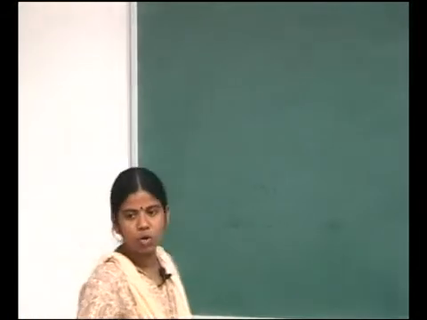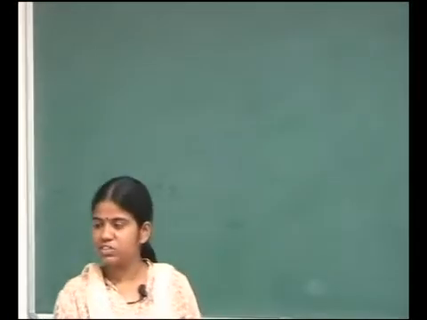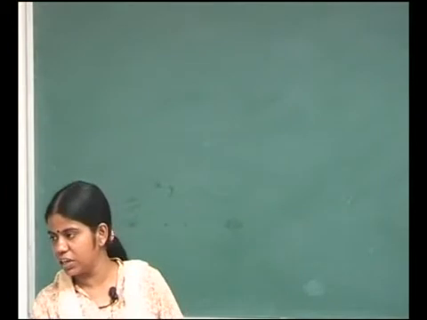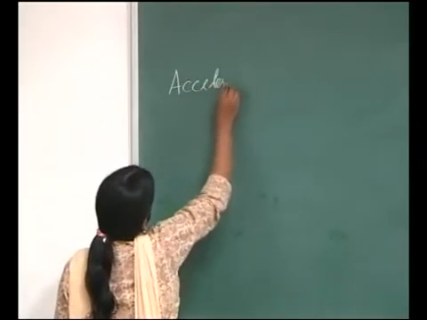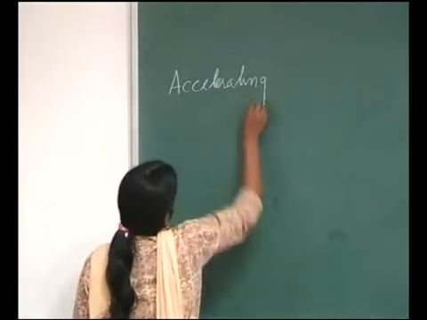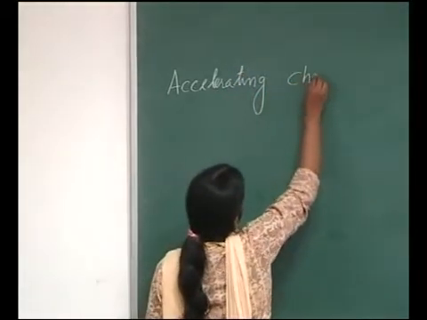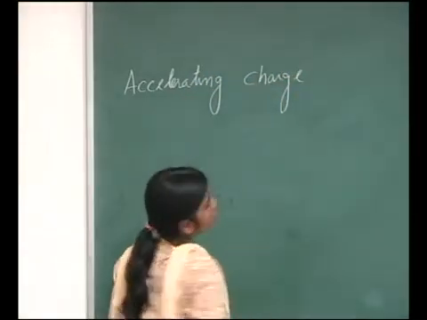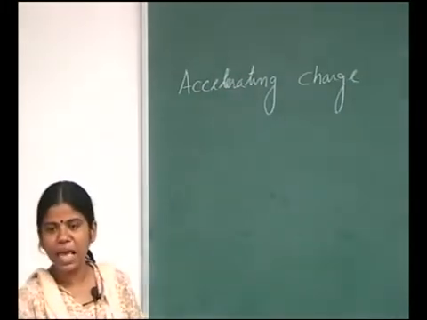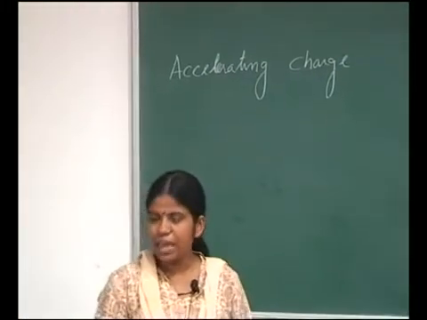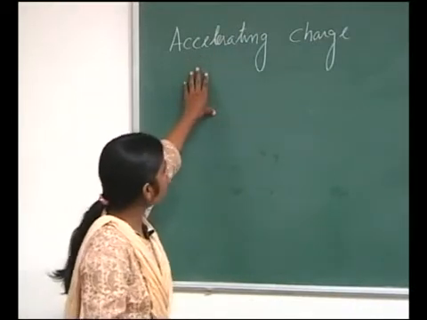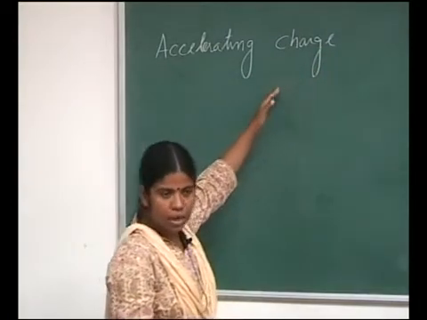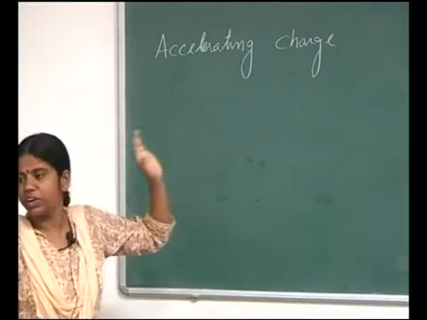So, all this we know, but now the question is, how do we generate these electromagnetic radiations? The answer is that an accelerating charge will have some associated electric field, and the electric field coming out of an accelerating charge will produce an EM field. Okay.